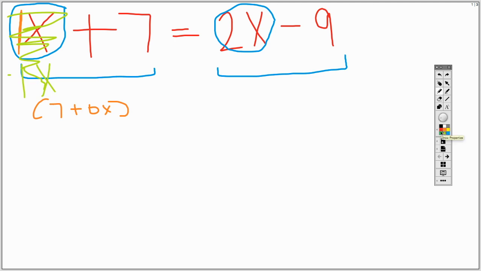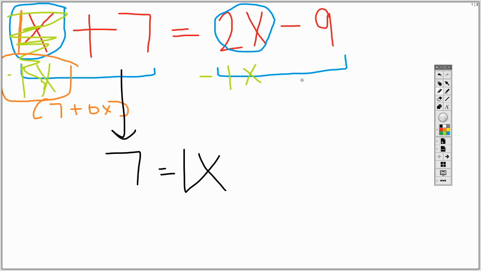However, whatever you do on one side, you've got to do it to the other. So we did minus 1x over here, then we've got to do minus 1x over here. And that will officially give us, we drag down the 7, then 2x minus 1x equals 1x, and then we drag down the minus 9.